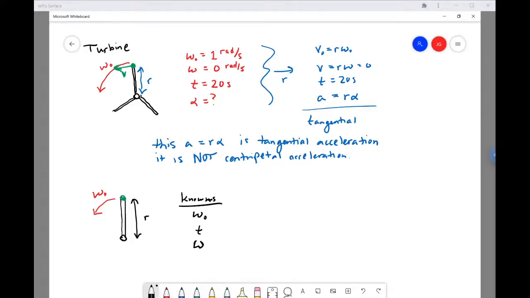And you also are given the radius of the turbine blade. There's a little catch here, and that's when you're given omega naught, it's not in the correct units. What you're given is something like omega naught is 1 revolution per second.